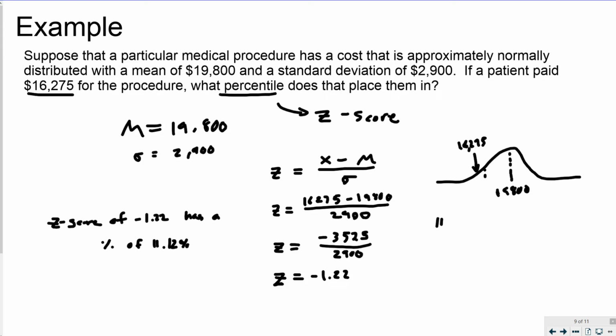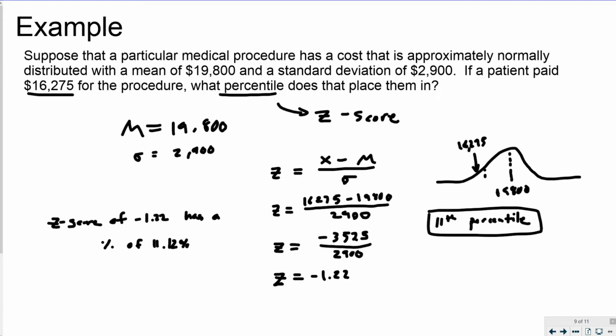This would place this in the 11th percentile. So the answer to the question was the percentile of the price was the 11th percentile. All right.